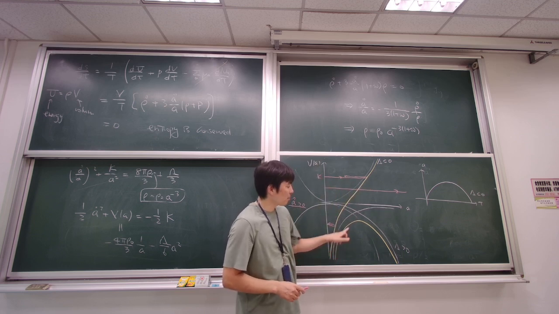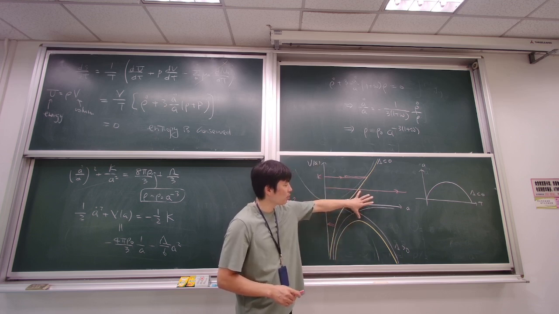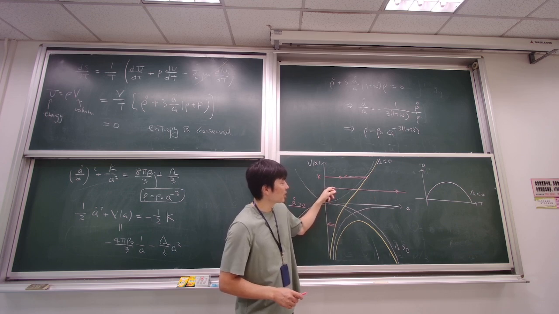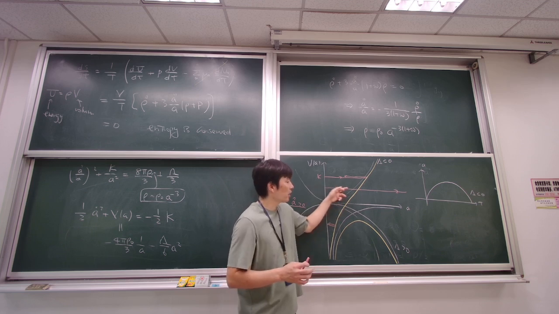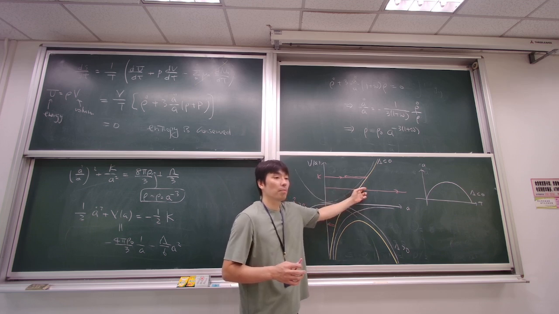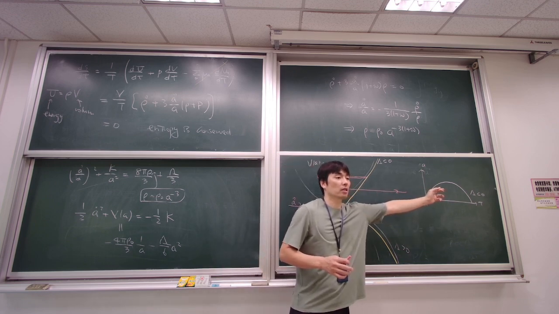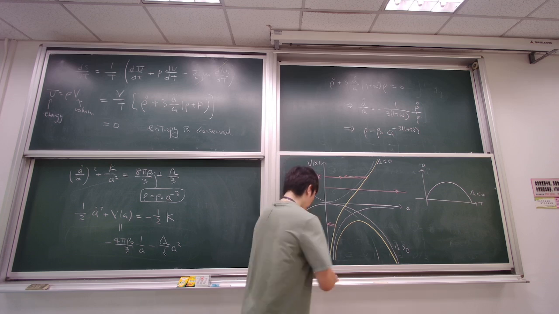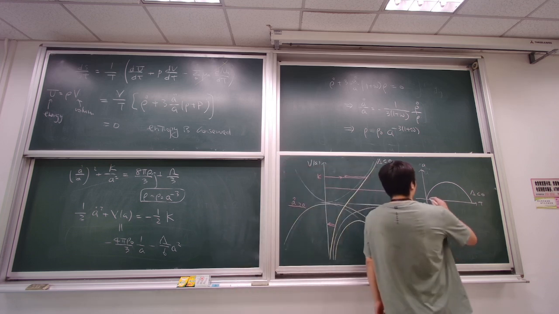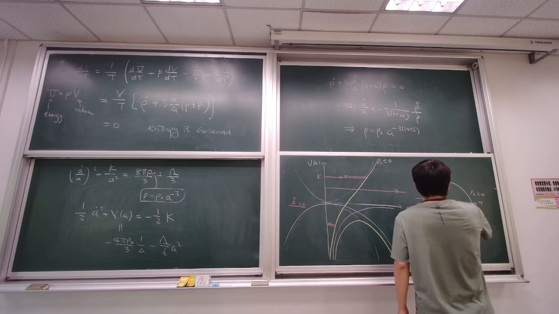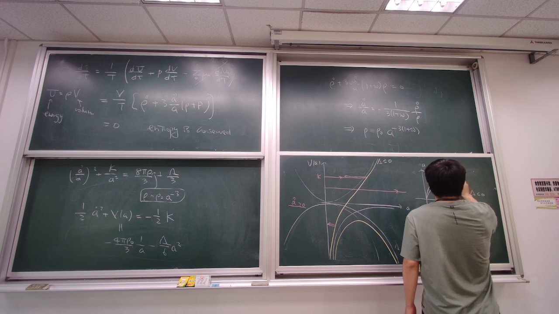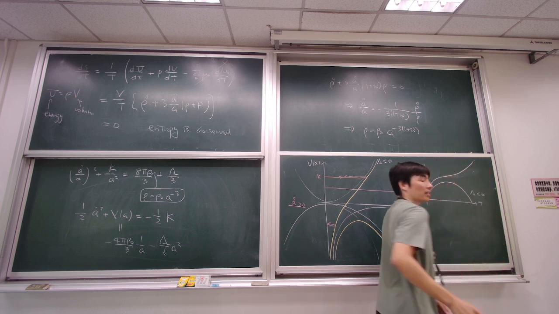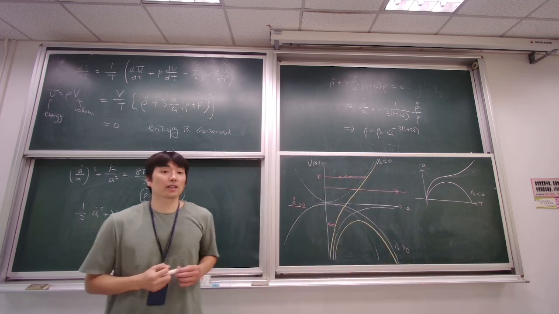But given the potential, the expansion is decelerating up to this point, and after that it becomes accelerating. So the behavior is something like this way: decelerating, then accelerating, like this.